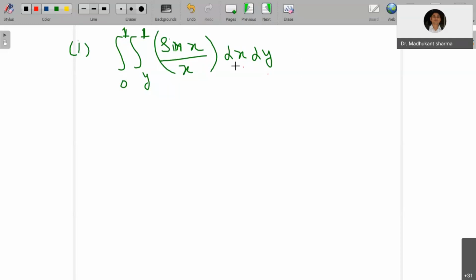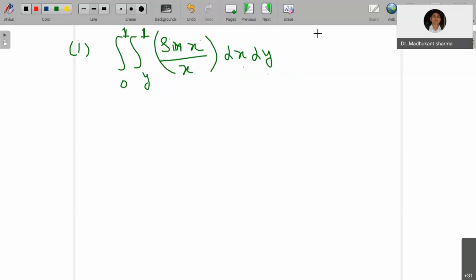Someone may say, why can't we write sin x as a Taylor series, cancel the x, and get a polynomial, an infinite series summation?